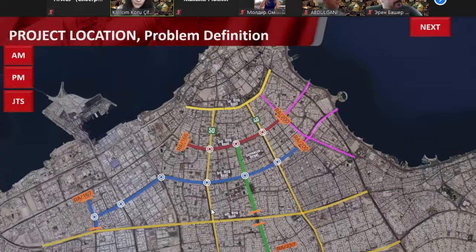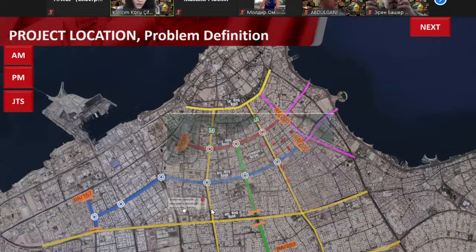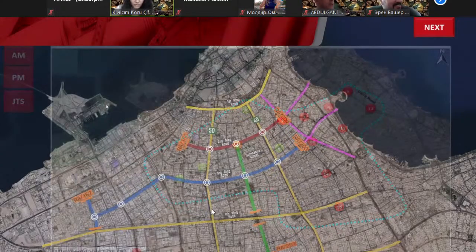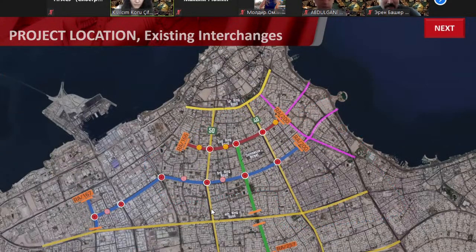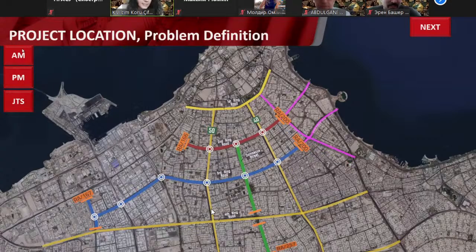It has been revealed that almost all existing intersections are currently operating very low, namely at E or F level of service. So let me give you some of our traffic survey results.